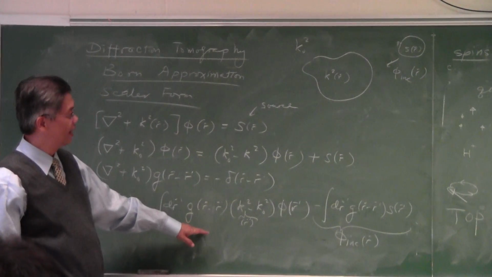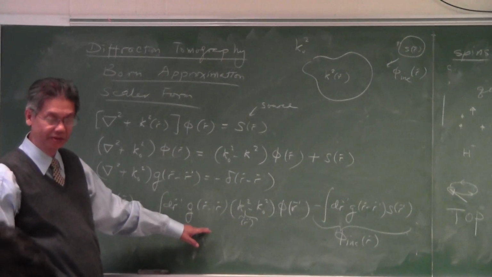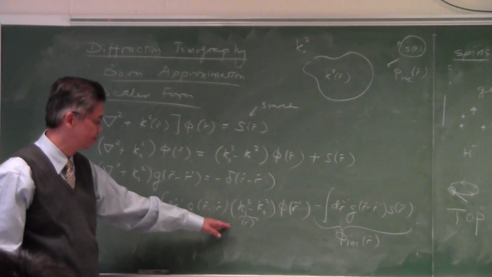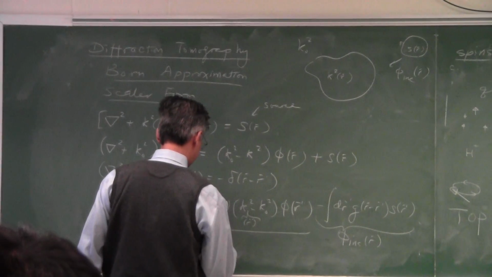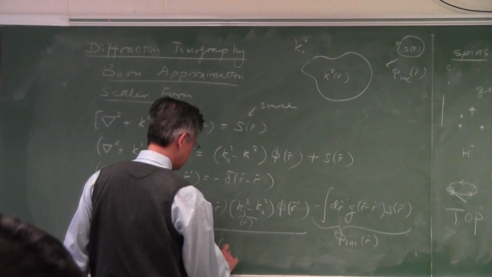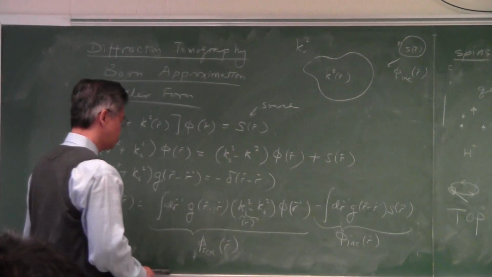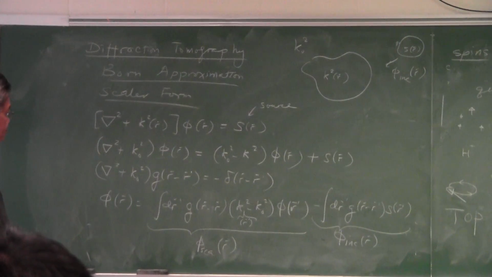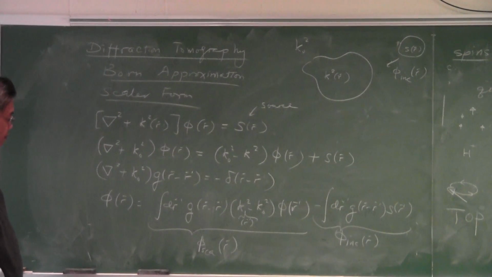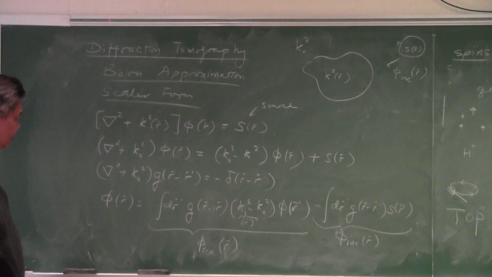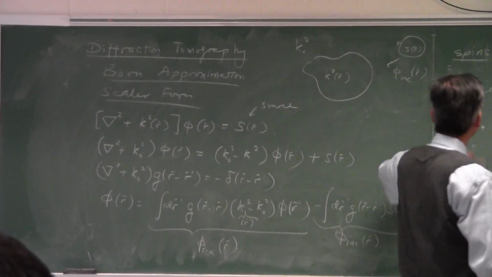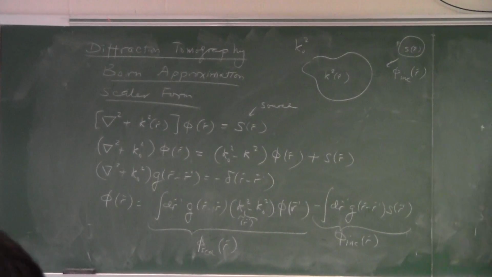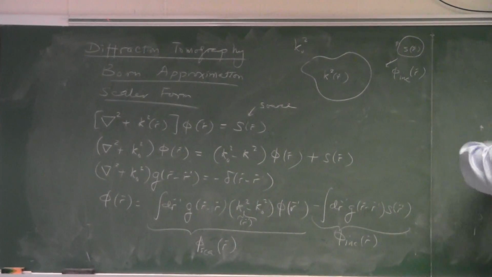In the presence of the scatterer, I have this contribution due to the extra inhomogeneity, and this can be thought of as a scattered field. Okay, and in doing the Born approximation, we're going to assume that the scattered field is much, much smaller compared to the incident field.